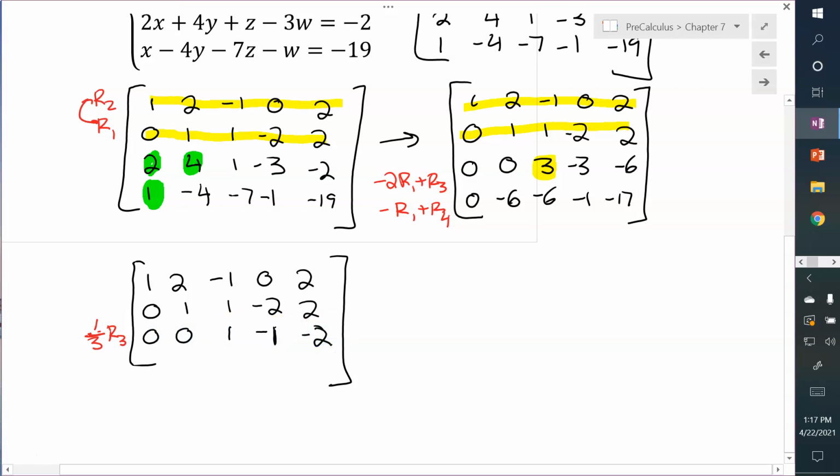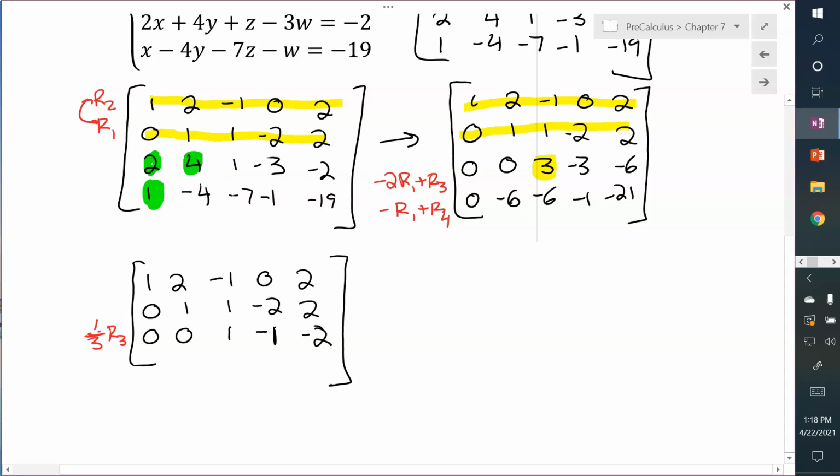And then for row 4, I have a -6, -6, 1. Oh, I think I have a mistake here. This should be -21, because -2 plus -19 is -21. So let's fix that. And now what I'm going to do is add 6 row 2 plus row 4.